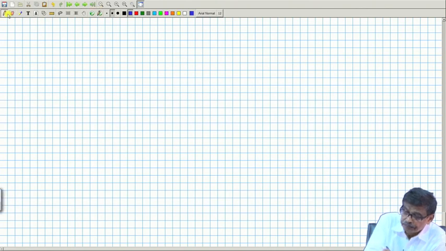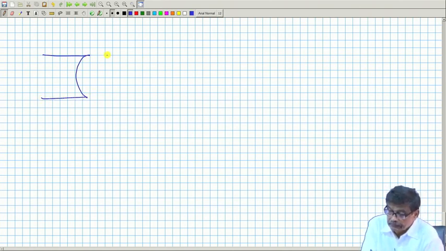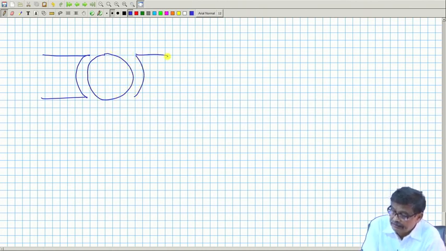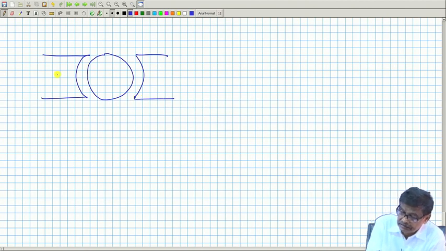Achha, now, it then comes that one thing is this. These are the poles, main poles, and this is the armature. Okay, same diagram we will draw. This is the field, this is north, this is south, okay, and these are the brushes.